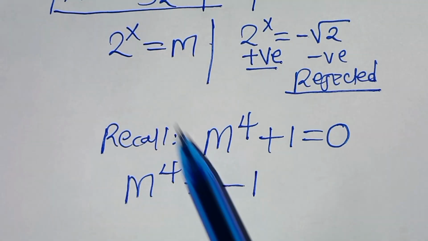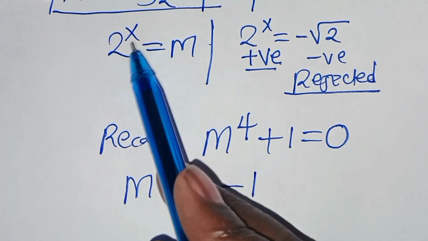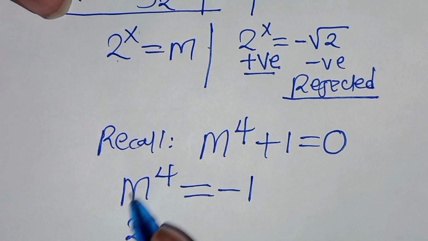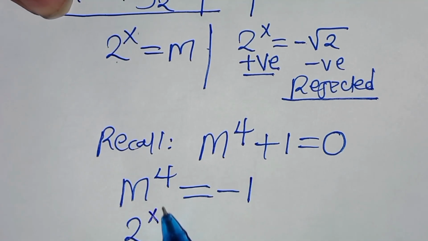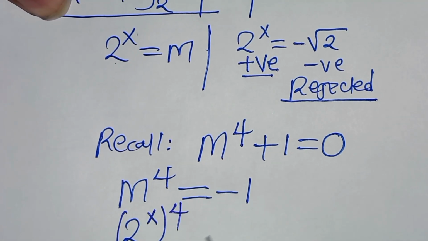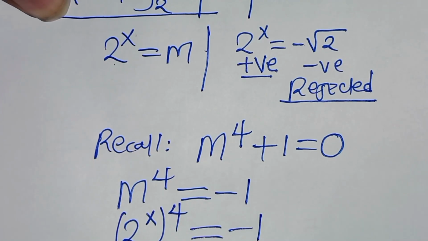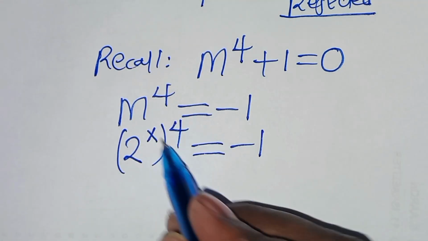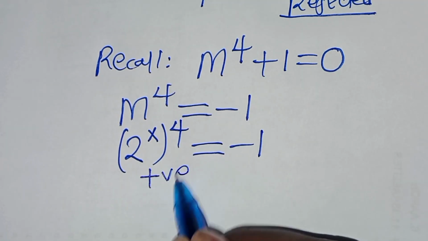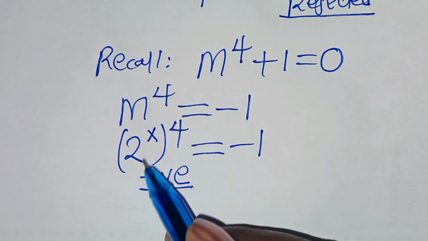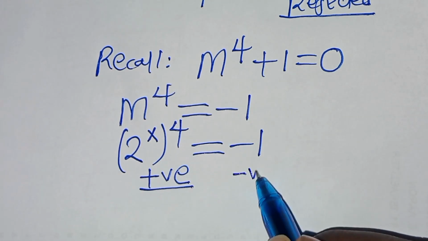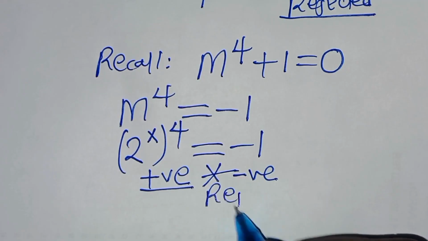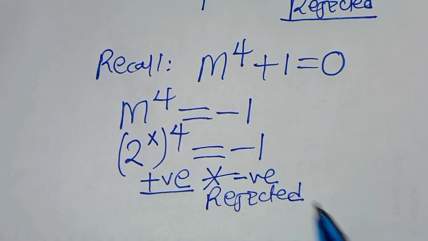Substituting the value that m is equal to 2 to power x, this is the same thing as 2 to power x raised to power 4 is equal to minus 1. Again here, 2 to power x raised to power 4 will give us a positive value. So this cannot give us a negative value. So this part is also rejected.